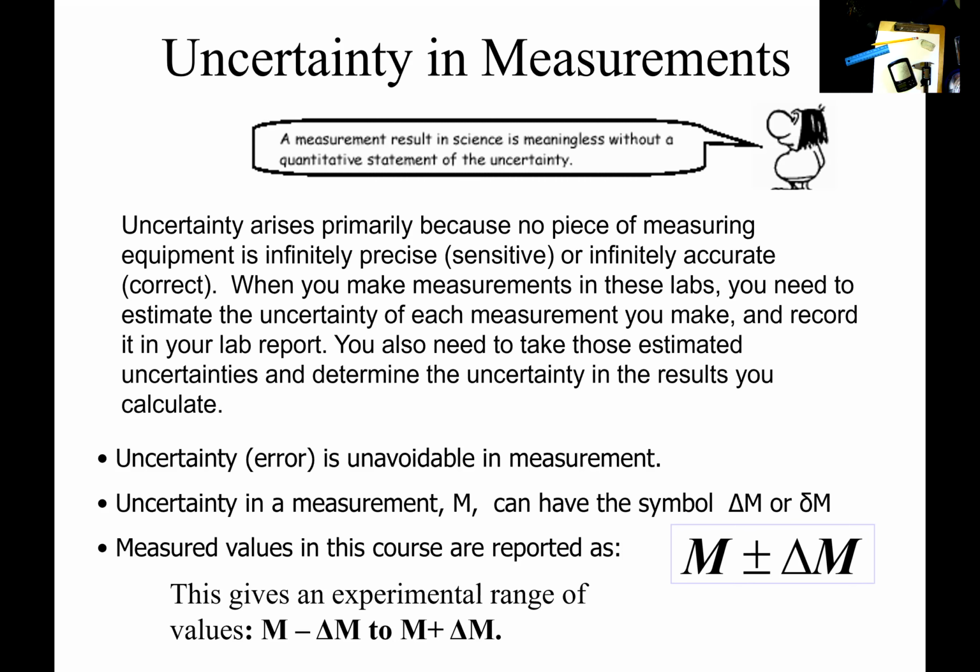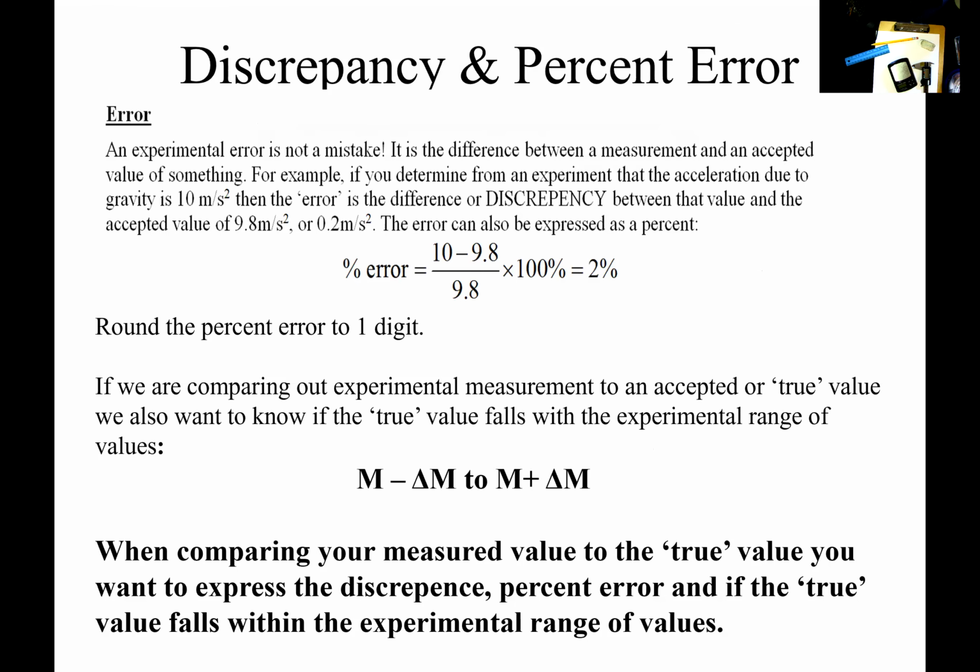This is the point of lab: to figure out how you take measurements and estimate your uncertainty, and then analyze the results. One way of analyzing the results, or if I say compare to the expected value, compare means to calculate discrepancy and percent error. Some people use the word error for discrepancy.